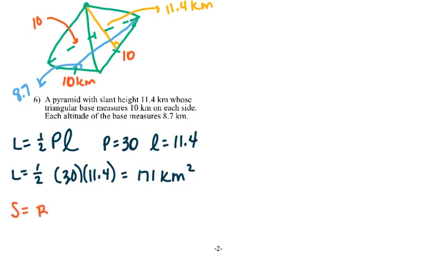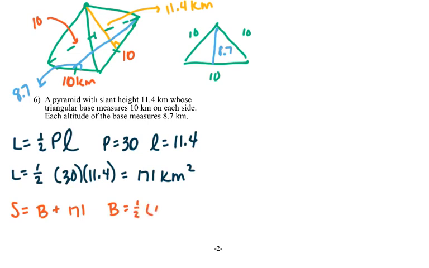Our total surface area is the area of the base plus our lateral area. And our base is a triangle, right? We've got an equilateral triangle where each side is 10. And then it told us the altitude of our base, that was this blue line, was 8.7. So we know that the area of our triangle is half of the base 10 times the height or the altitude of the base, which is 8.7.